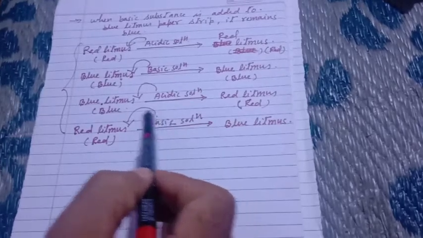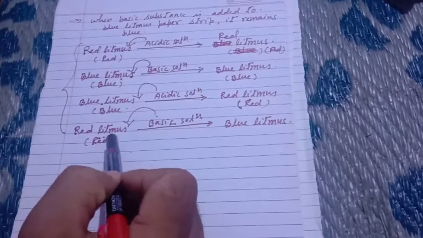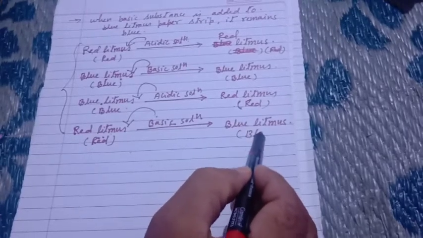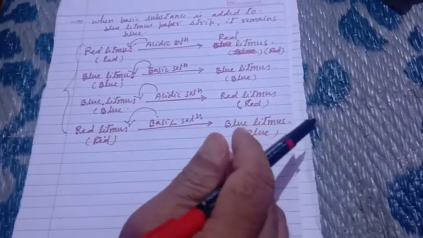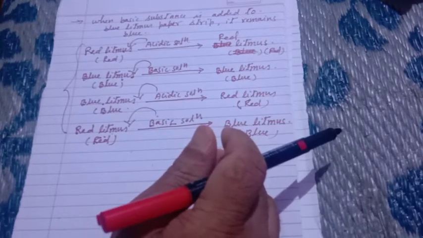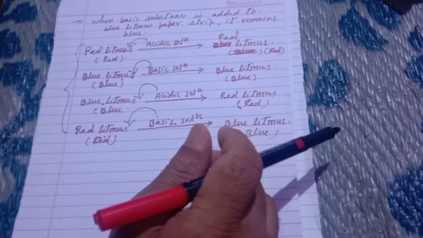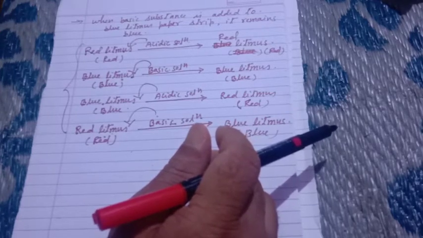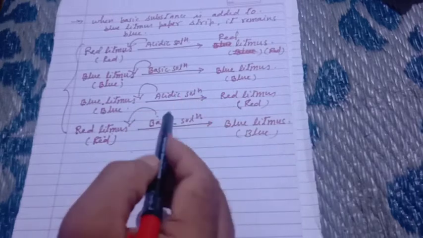Similarly, when a basic solution is added to the red litmus, it turns into blue. So just see: red remains red in acidic solution, blue remains blue in basic solution, red changes into blue in basic solution, and blue changes into red in acidic solution.